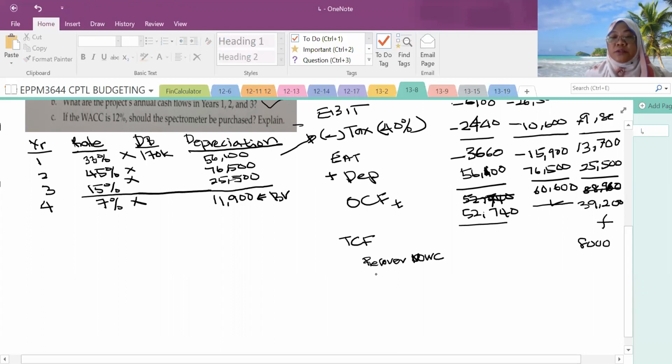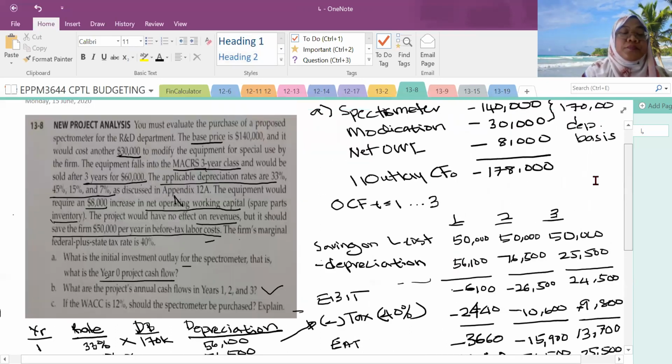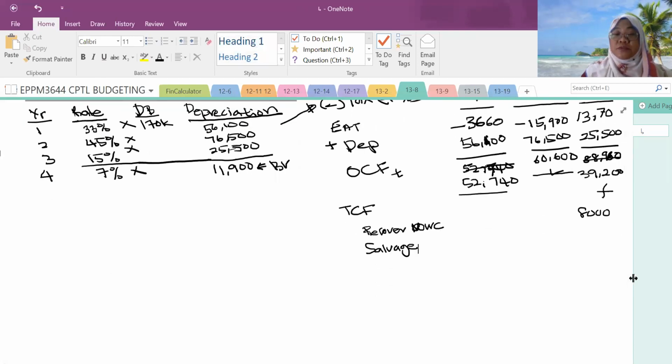Next, you will have your net salvage value, and this is how you calculate the salvage value, right? You are expecting to sell the equipment, which would be sold after 3 years for 60,000.